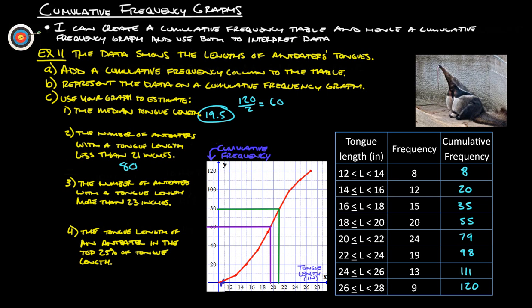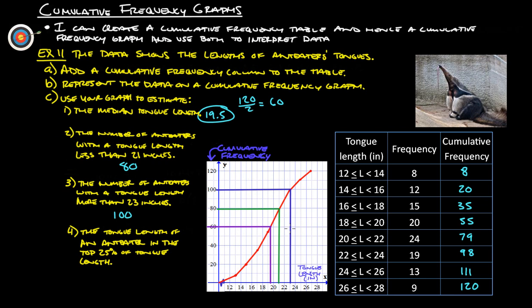Okay, so number of anteaters with a tongue length more than 23 inches. Now they're going to give us a similar type problem there. So let's try that one. So more than 23. So here's our 23. We draw a line straight up. Good thing about the graph is it helps us to draw a nice straight line. We go over there, and that's going to be about 100.